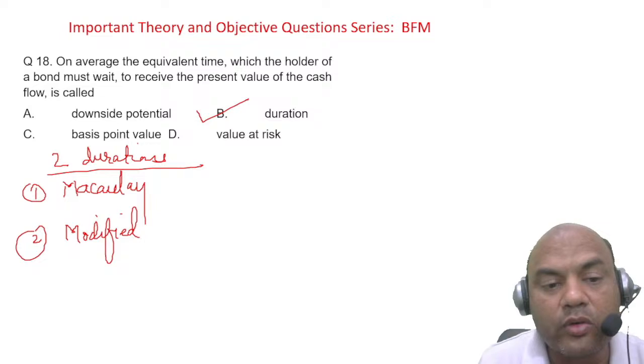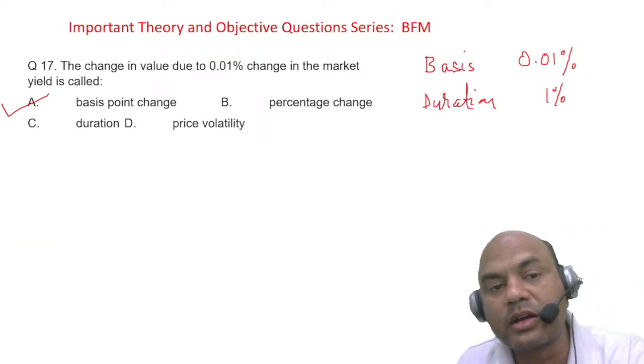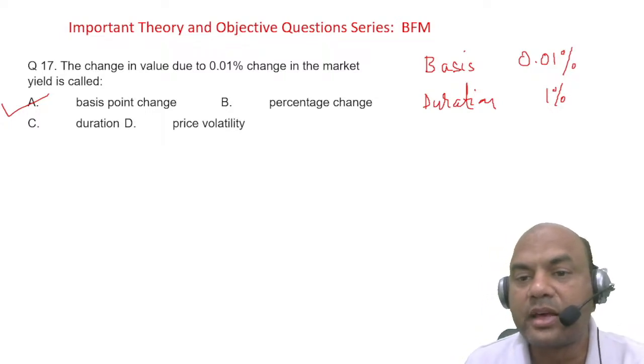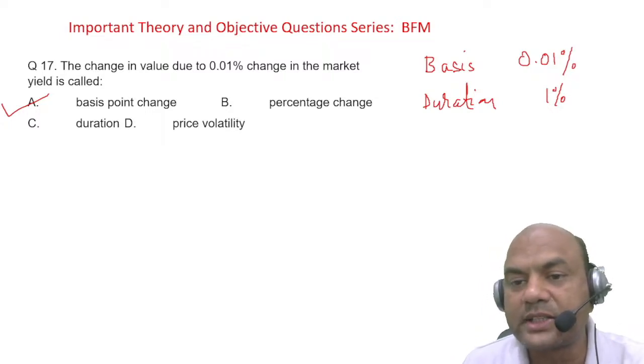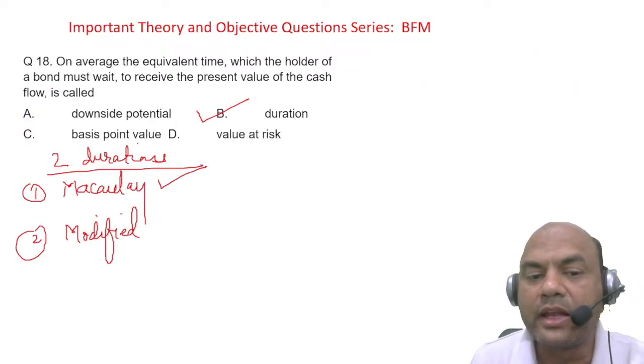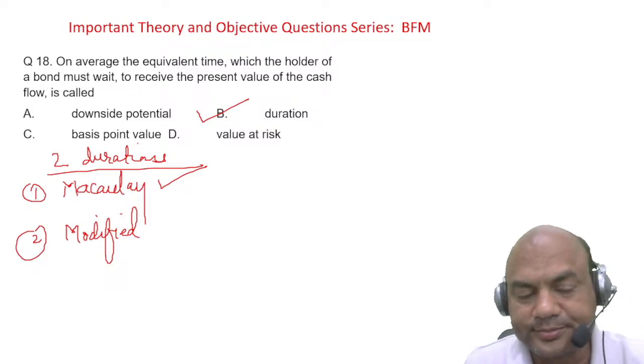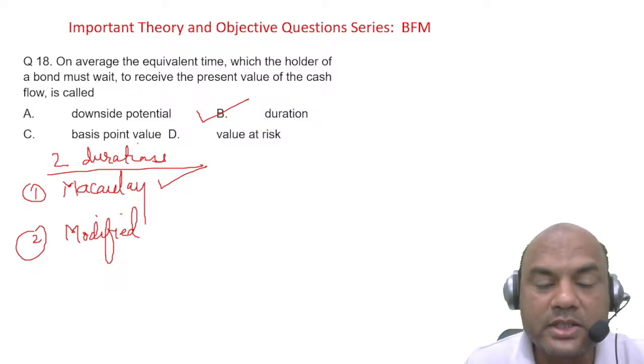Here we are talking of Macaulay duration. Modified duration we have talked in the earlier question. See this. Here I gave you this duration of 1%. This is modified duration. And here we are talking of Macaulay duration. What is Macaulay duration?